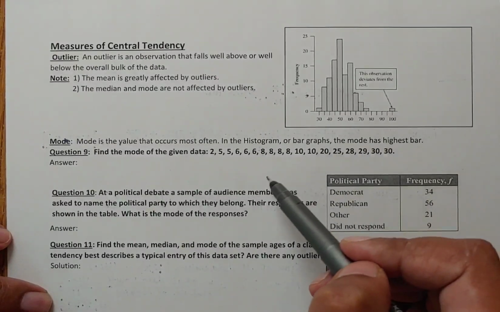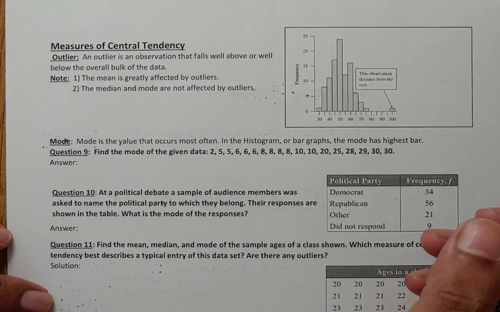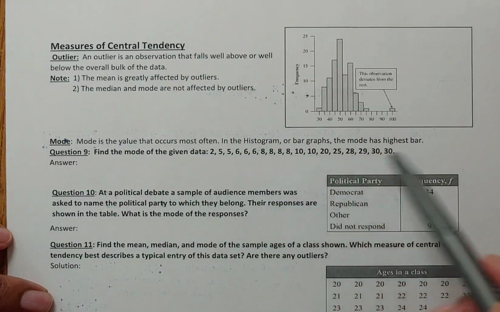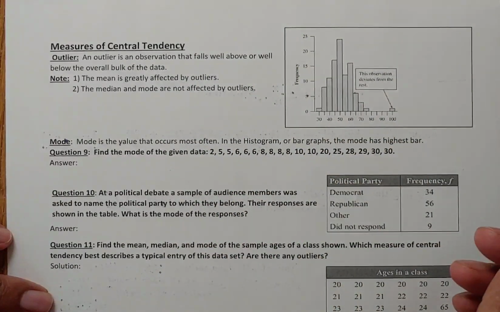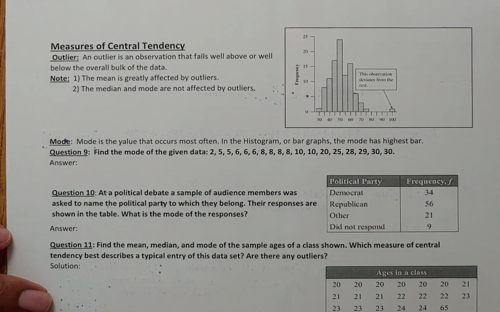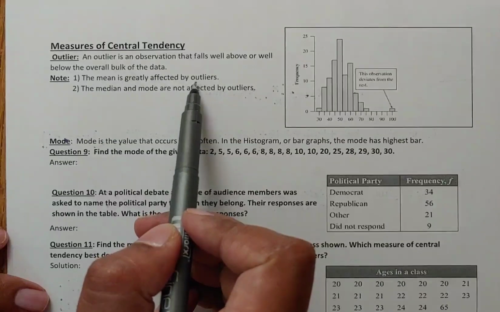So if all students are getting 20, 25, 20, 25, and one student gets 95, when I get the mean of all students, because of that 95, I get a bigger mean, right? So the mean is greatly affected by outliers.